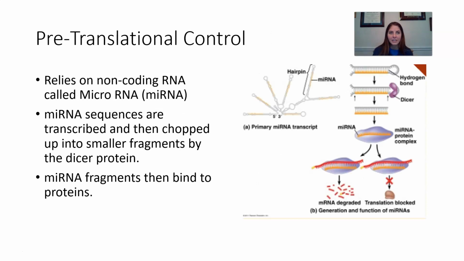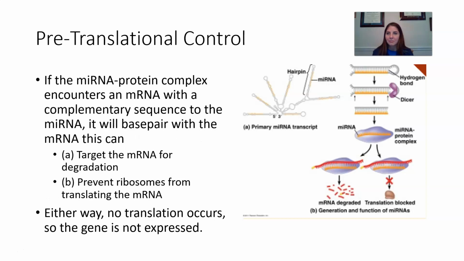In pre-translational control, the messenger RNA has now left the nucleus. It relies on non-coding RNA called microRNA. MicroRNA sequences are transcribed and then they're chopped into smaller fragments by what we call a dicer protein. These microRNA fragments then bind to proteins.